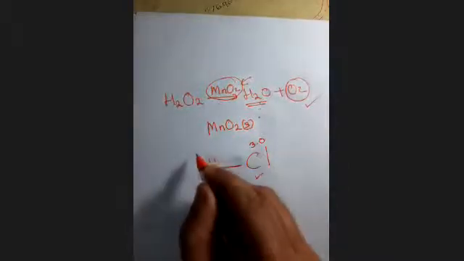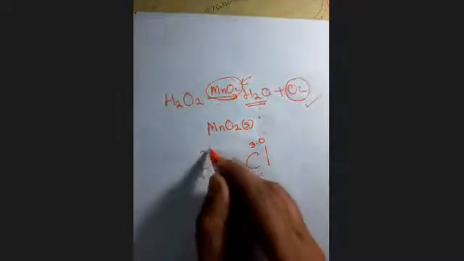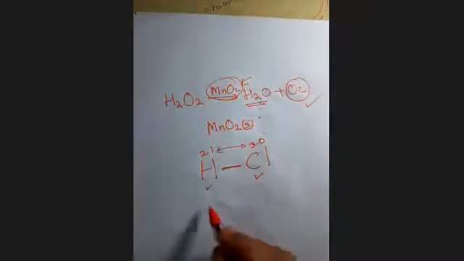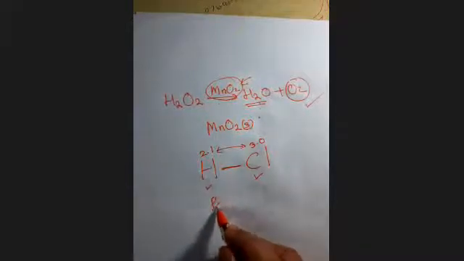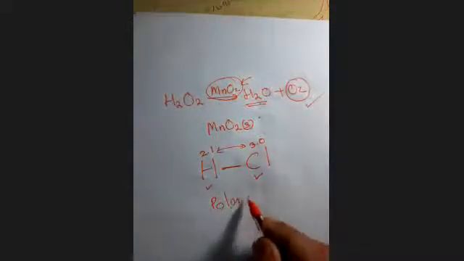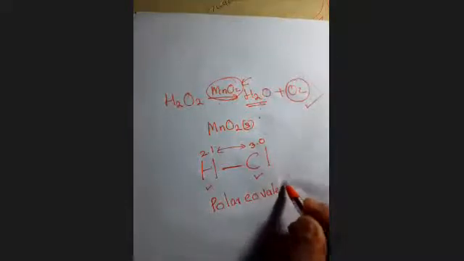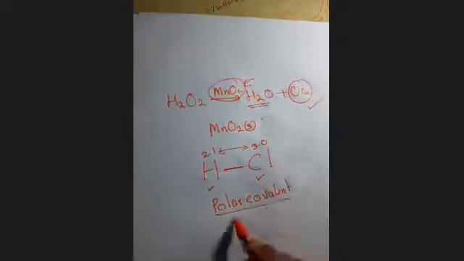This one has an electronegativity of 3.0. This one has an electronegativity of 2.1. So there is an electronegativity difference there. If there is an electronegativity difference, a polar covalent bond is created.